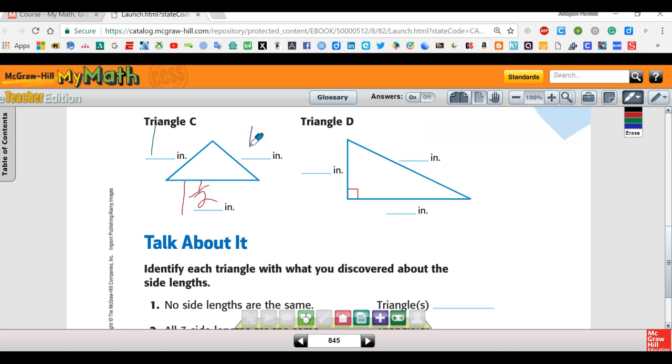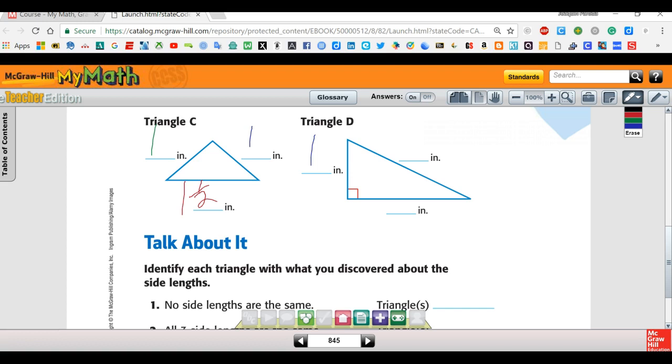Okay. How long is the left side on this right triangle? That's 1 inch. Anybody know this long one? 2 and 1/4.